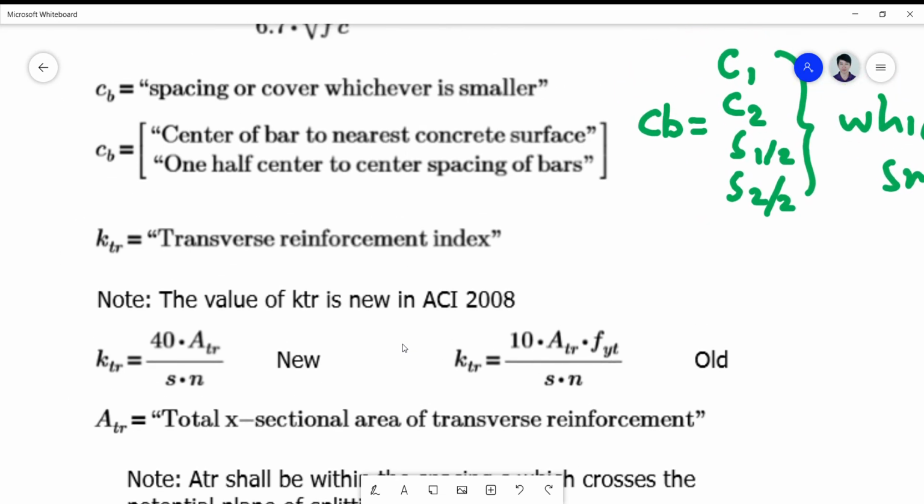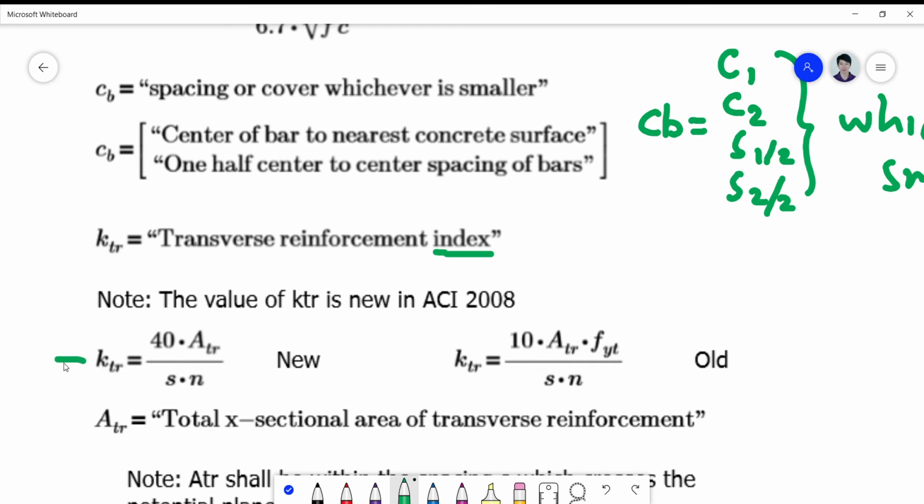Okay, Ktr is an index. It's a factor. It's a way of predicting the crack, a simple way of measuring if there is some danger in terms of splitting crack failure. And the formula for the ACI 2008 and the newer codes is actually 40 Atr over sn, wherein the fyt was removed.